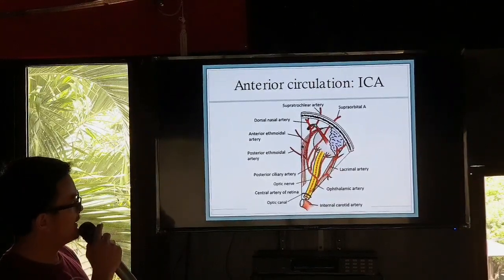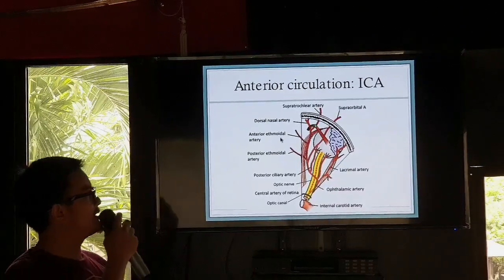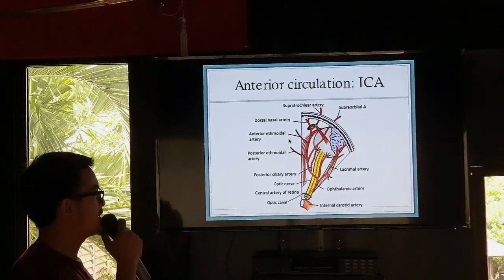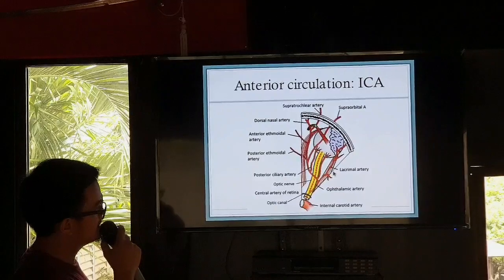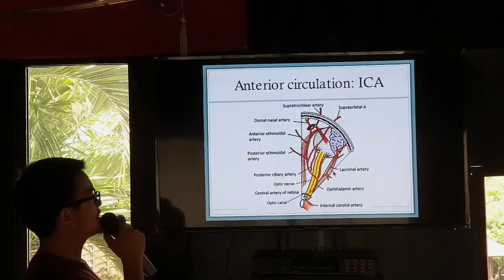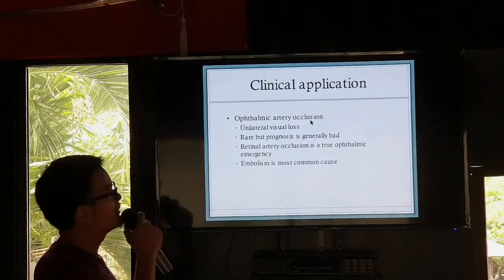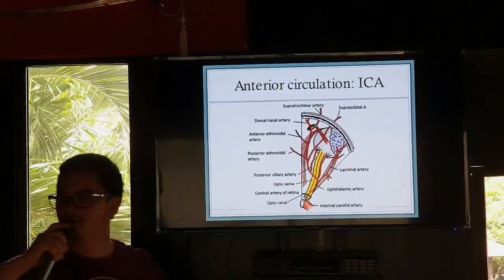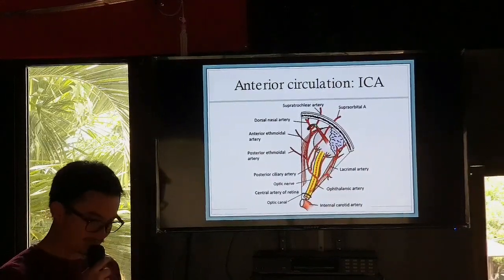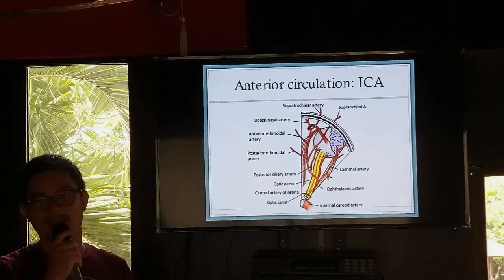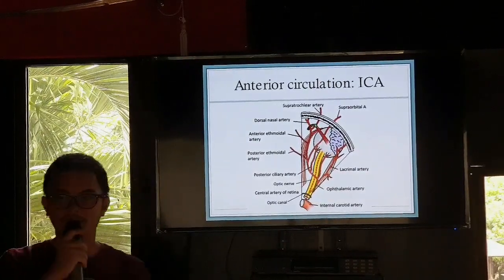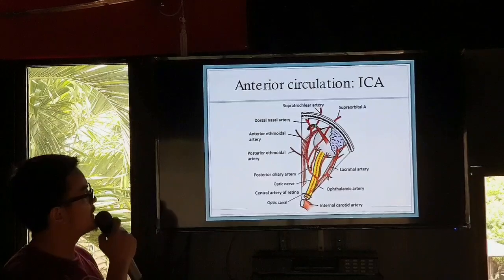Of course, the ethmoid and frontal sinuses via the anterior and posterior ethmoidal arteries. Okay? So important structures. Dorsal nasal artery is also here. So as you can surmise from this picture, epistaxis can actually be caused by branches of the ophthalmic artery.